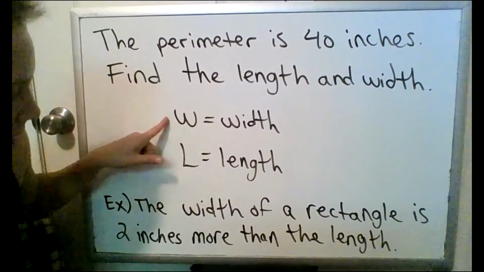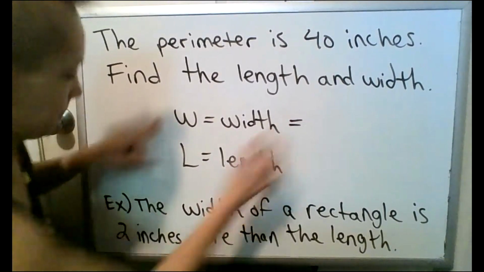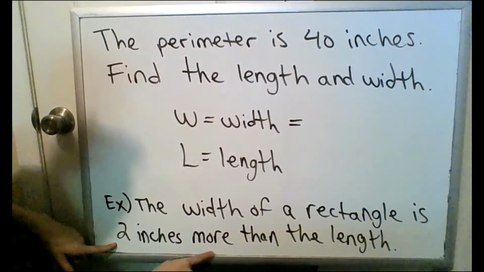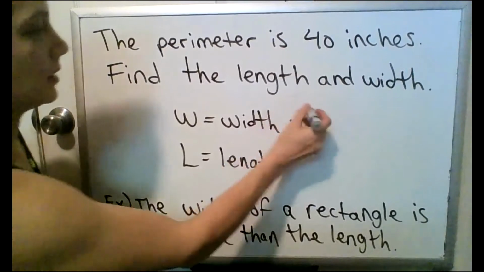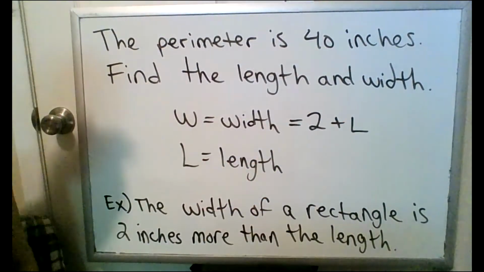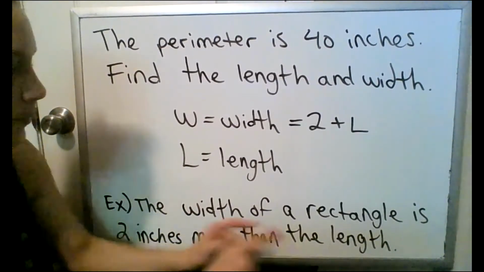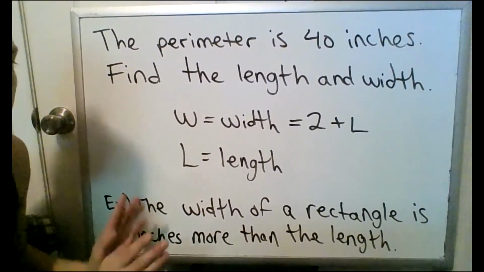So the width here of the rectangle is 2 inches more than the length. 2 added to L. So whatever the length is, the width is 2 inches added to that.